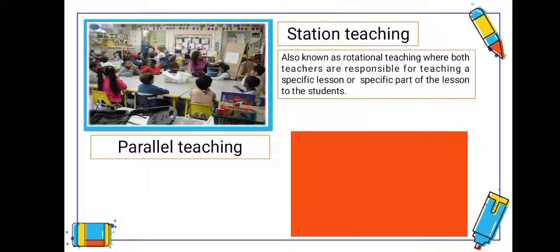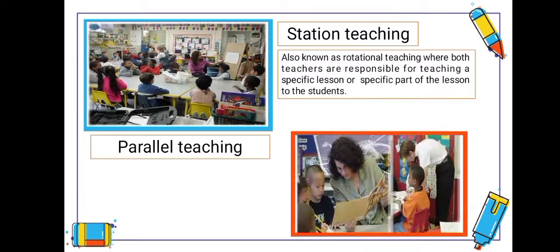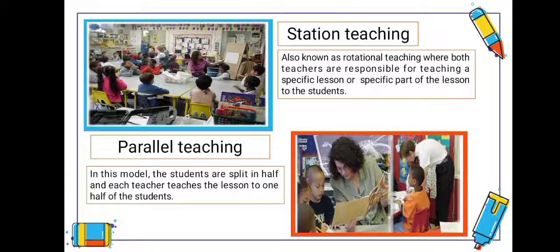Parallel teaching. In this model, the students are split in half, and each teacher teaches the lesson to one half of the students. Teachers in this parallel teaching are both covering the same information, but they divide the class into two groups and teach simultaneously.